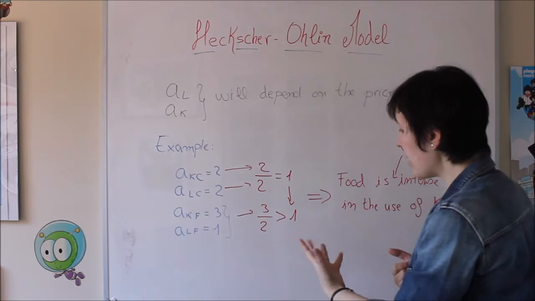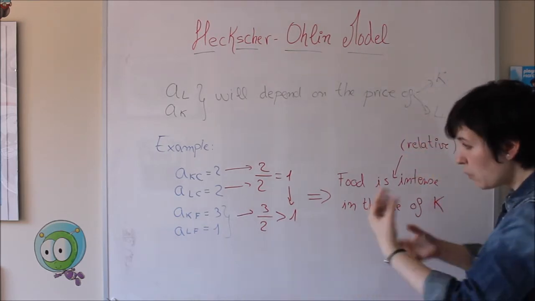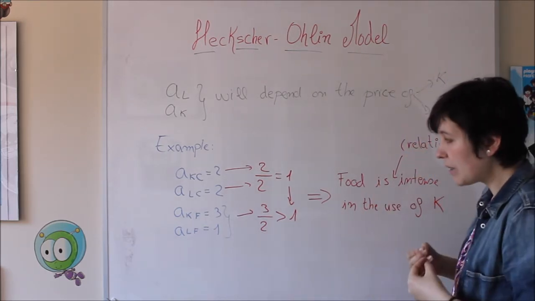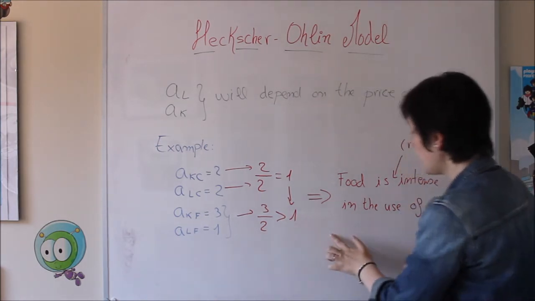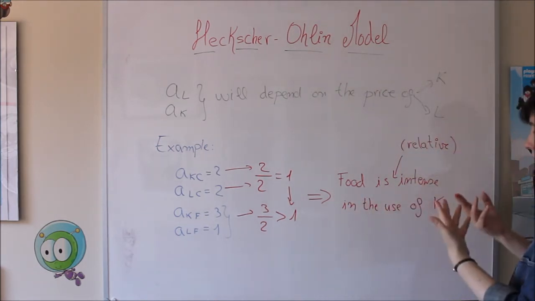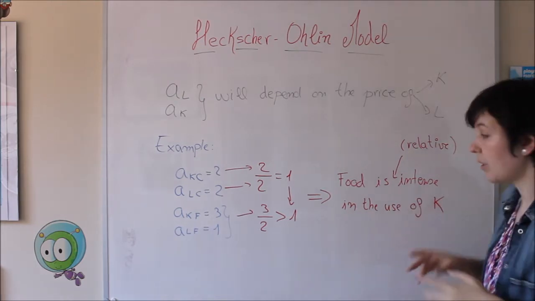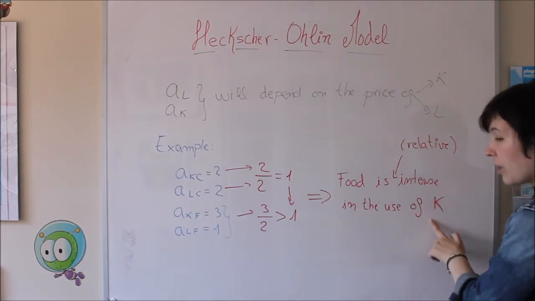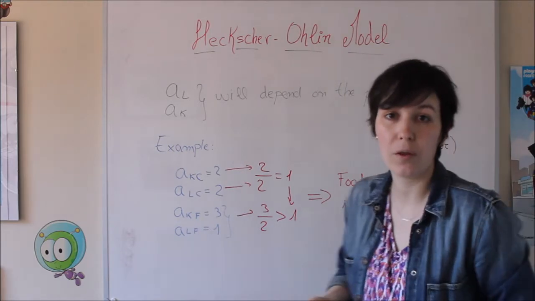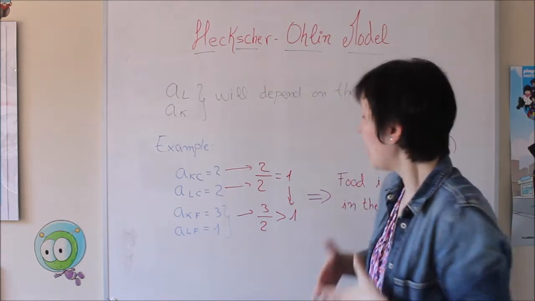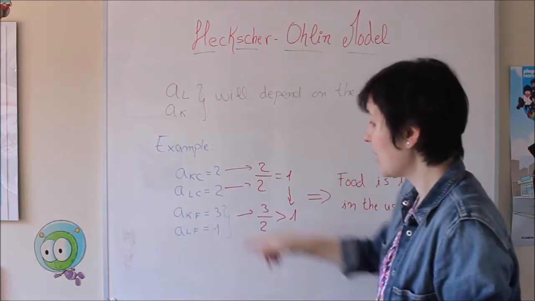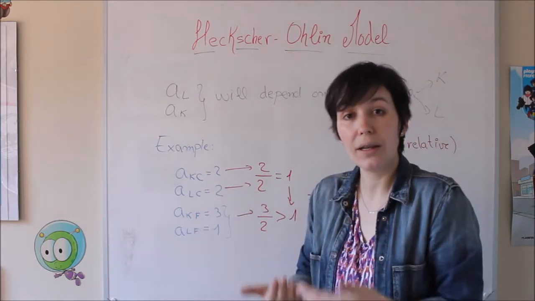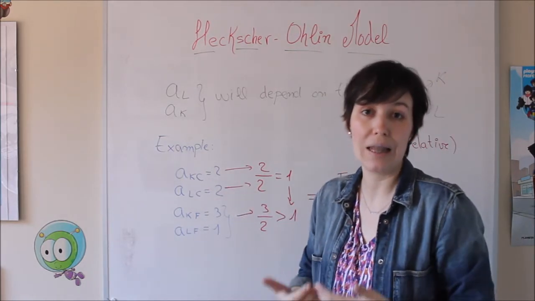So from here we are able to see that what is more capital per worker is here in the food industry. So food is intense, or at least relatively intense, in the use of capital with respect to the other production factor, which is labor. Now if you make just the inverse, you are going to get that cloth is relatively intense in the use of labor.